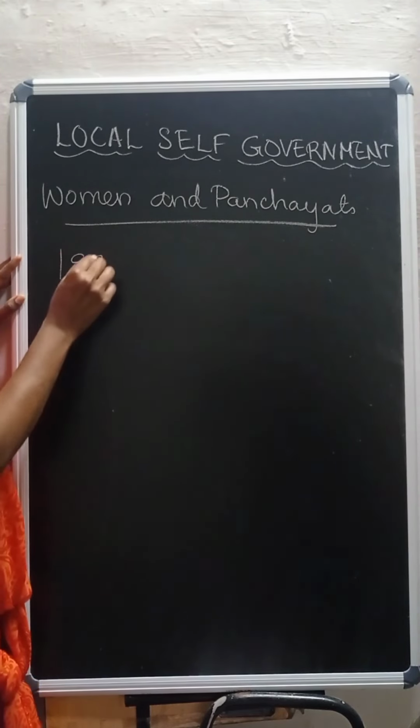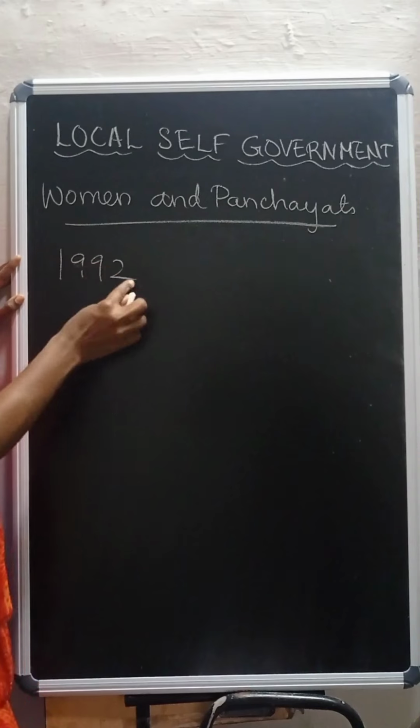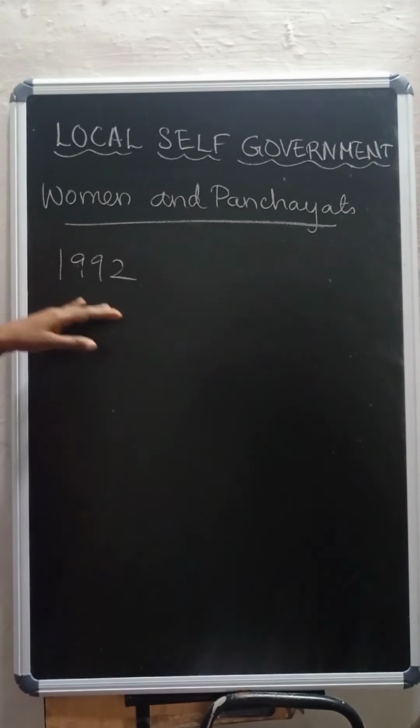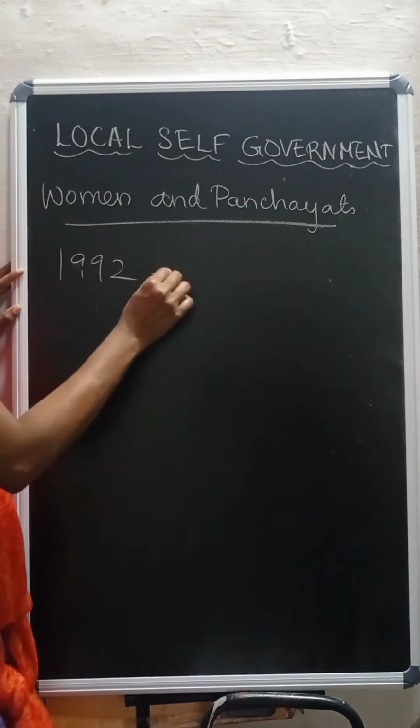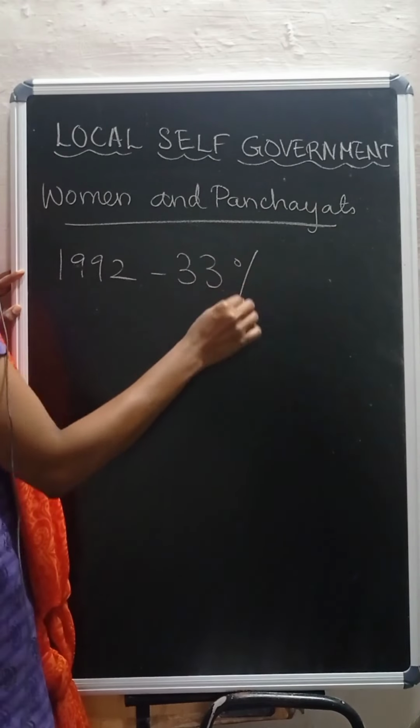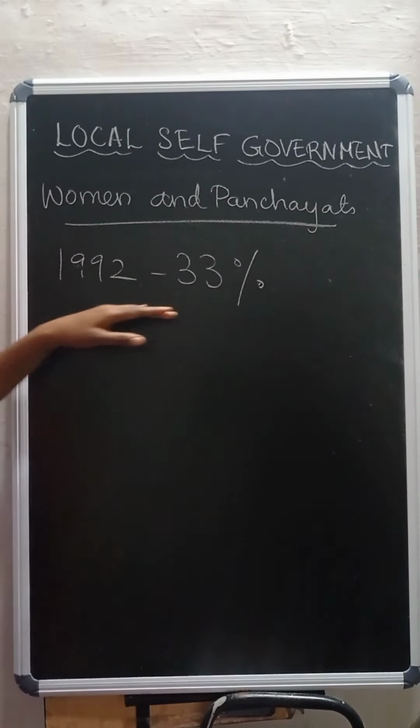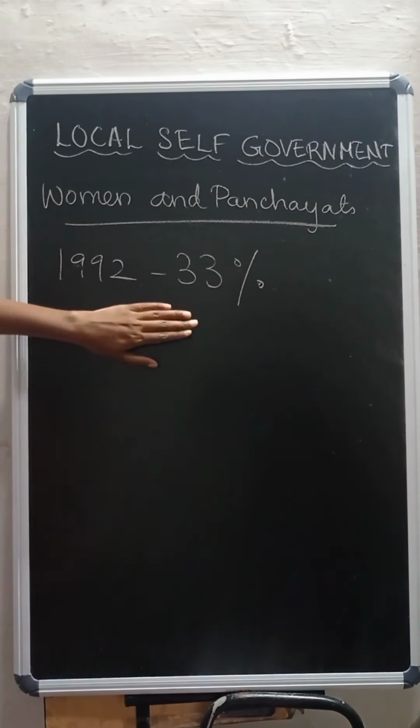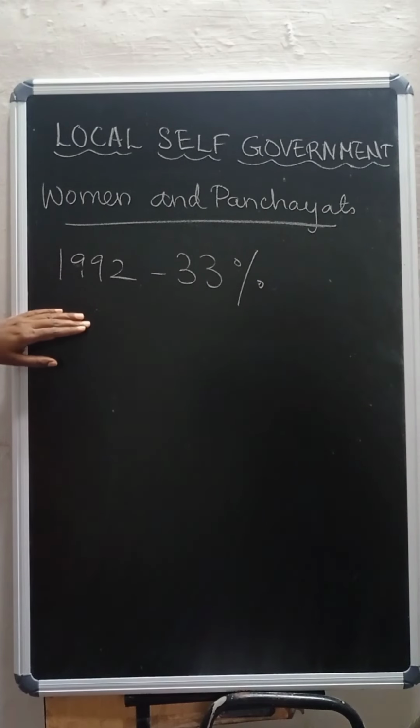Yes, students, now we will see the contribution of women in Panchayat. Till 1992, women were not allowed to be members of the Gram Panchayat, but after 1992, the government allocated 33% of seats for women members. After that, women started becoming Gram Panchayat members, and they also started contributing to the local self-government.